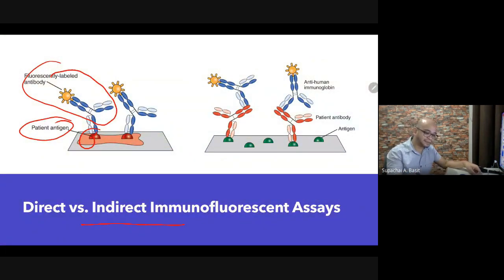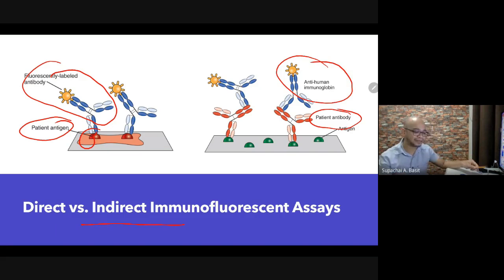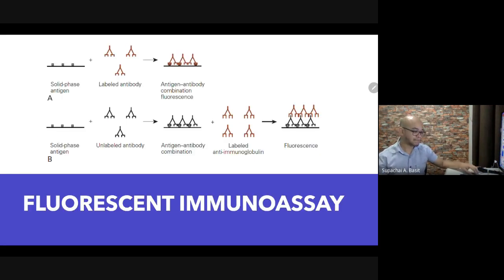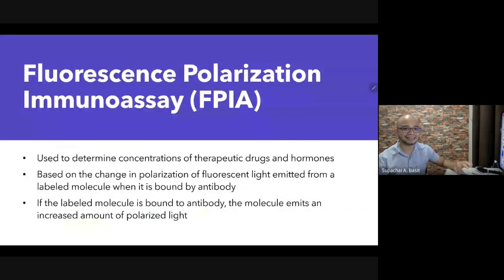For the indirect immunofluorescent assay, we are detecting the patient's antibody, and we are adding a fluorescent labeled anti-human immunoglobulin or anti-globulin, which will attach at the Fc portion of the patient's antibody. Okay, so that's the basic difference between the direct and indirect immunofluorescent assay.